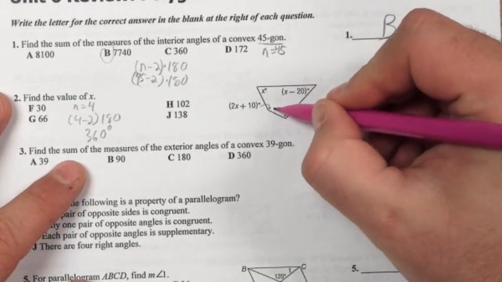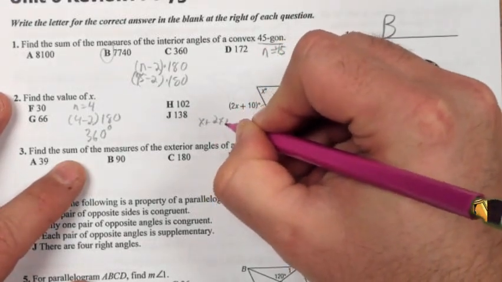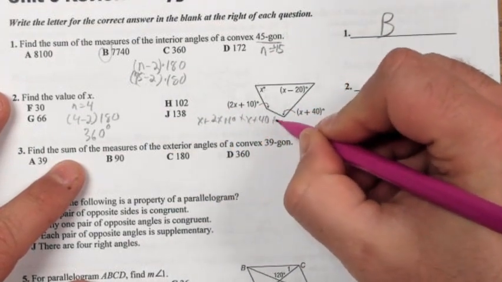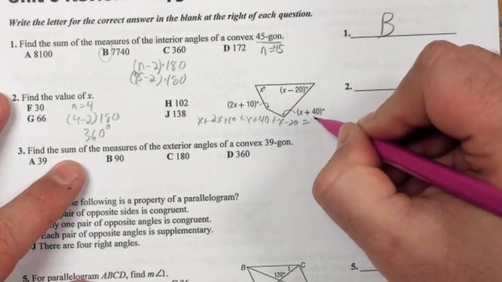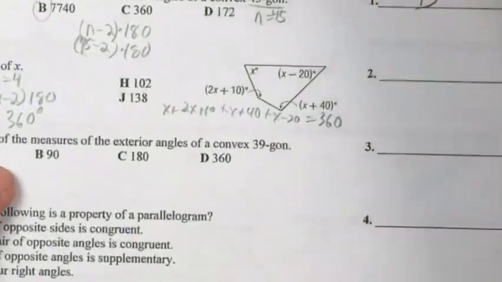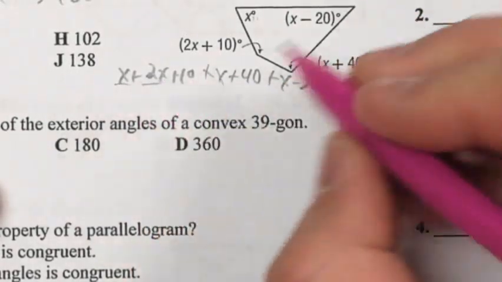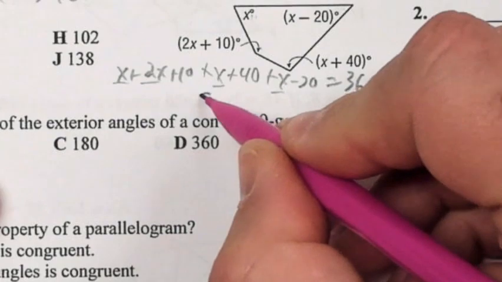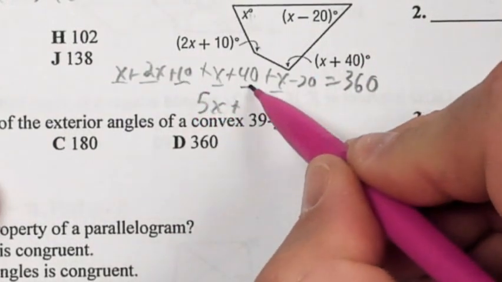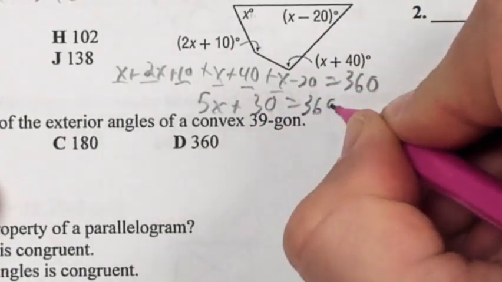Now we're going to take all 4 of these angles and add them up. x plus 2x plus 10 plus x plus 40 plus x minus 20 equals our total, which is 360. From there, we're going to go ahead and combine like terms. That makes 5x, plus 10 plus 40 minus 20 makes 30, equals 360.